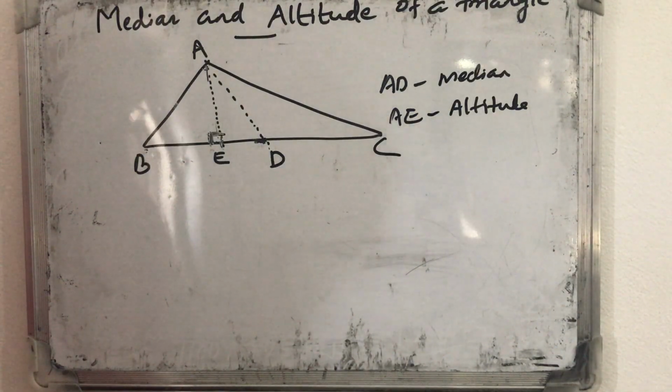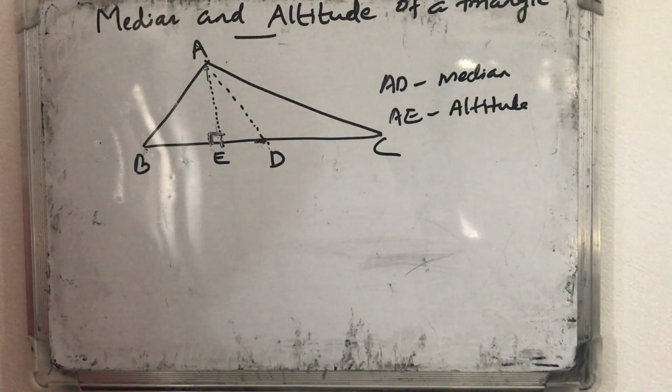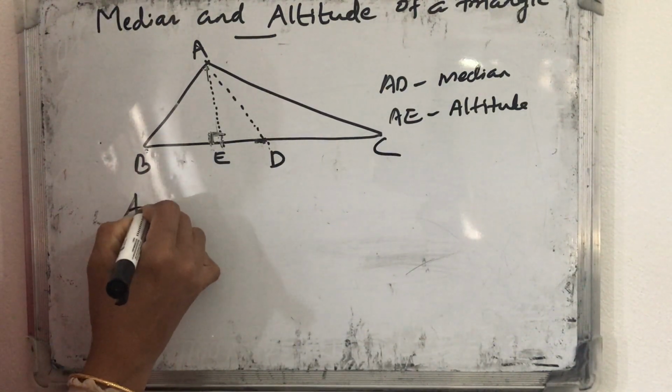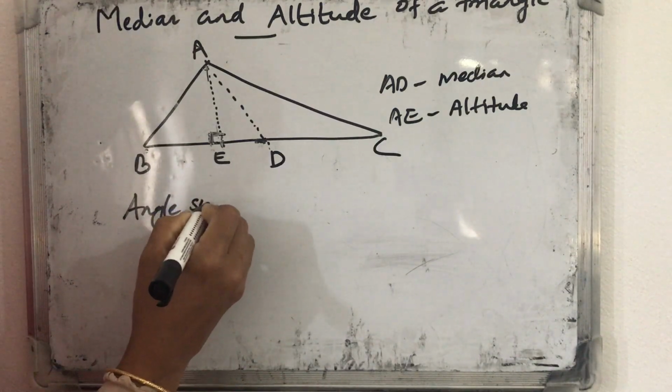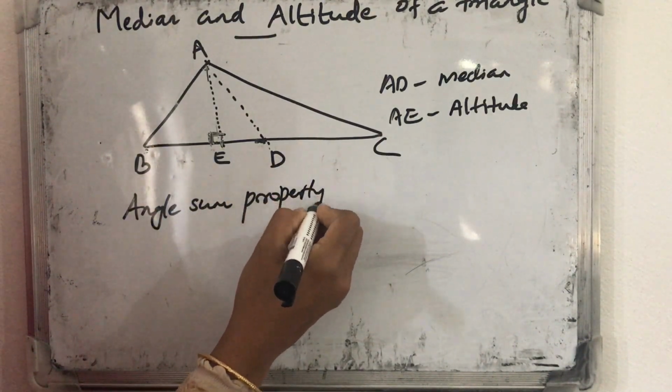Okay, now some properties of triangles we can discuss. First property is the angle sum property. Angle sum property of a triangle. What is meant by angle sum property?